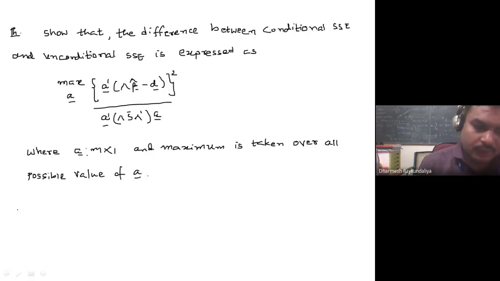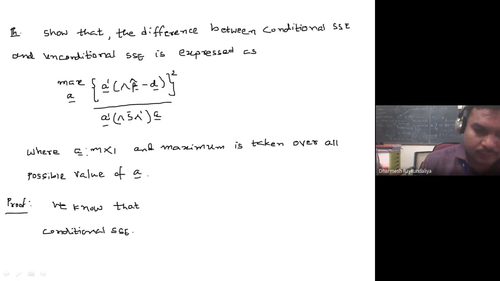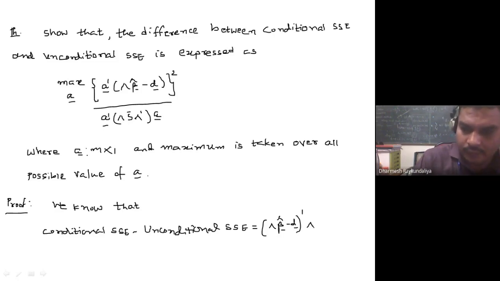Proof: we know that conditional SSE minus unconditional SSE is a quadratic form of a BLUE, where the distance of the BLUE is measured from a specified value d, and the matrix of this quadratic form is the inverse of the variance covariance matrix of the BLUE except the quantity sigma square.